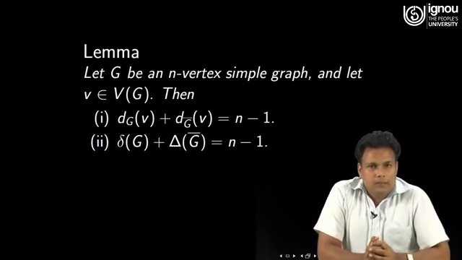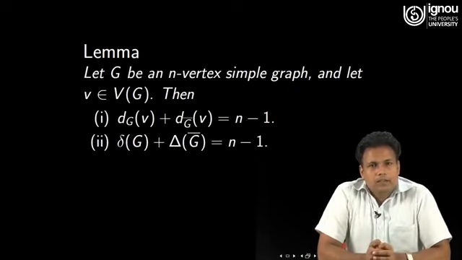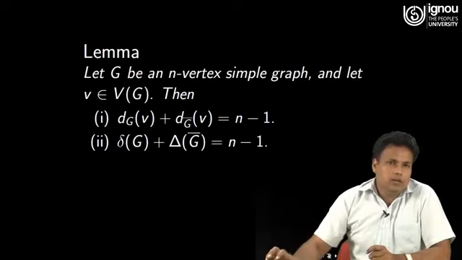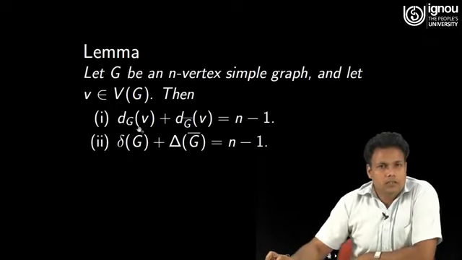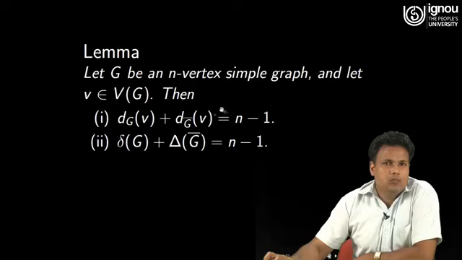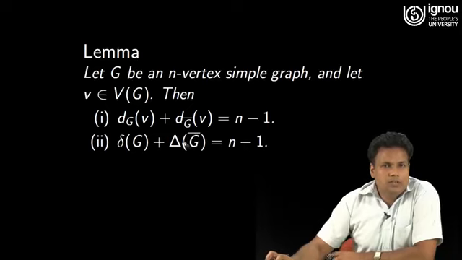Now, there is an important lemma. Let G be an n vertex simple graph and let V be any vertex of G, then the degree of V in G plus the degree of V in G bar sums to n minus 1. And the second one is that the minimum degree of G plus the maximum degree of G bar equals n minus 1. These results follow easily.